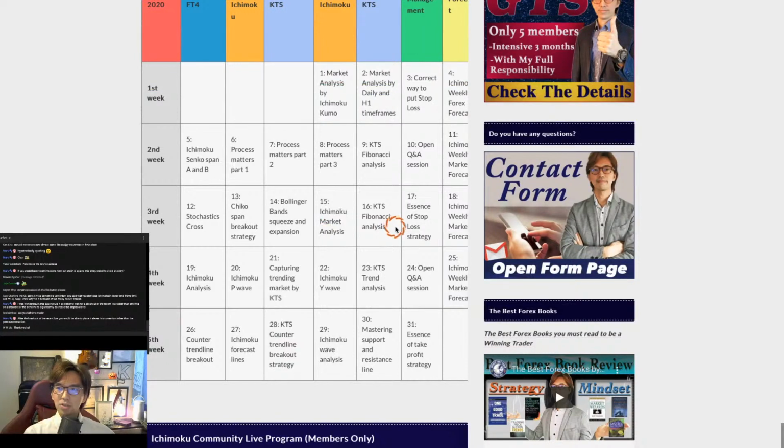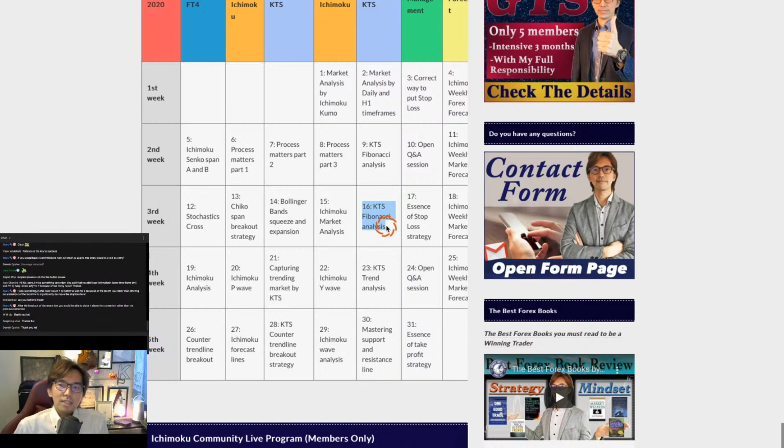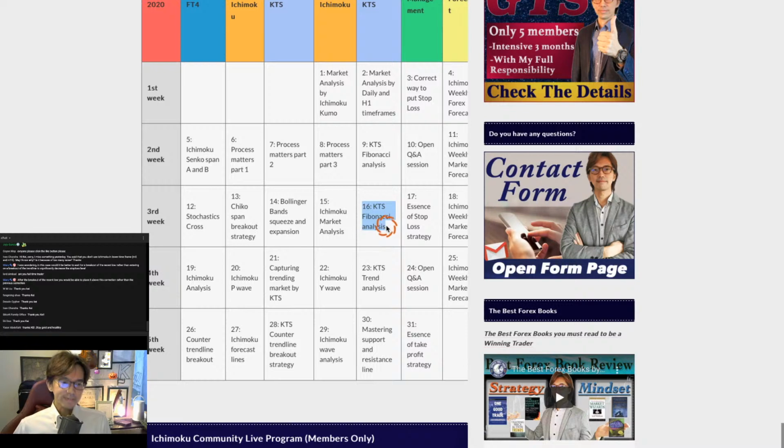Tomorrow is the 16th of October, and I will talk about Fibonacci analysis. I will focus on the Fibonacci and look at some markets in real time. So hopefully you join tomorrow's public live, or for those who are Ichimoku members, I will see you on the Ichimoku membership live soon, where we will look at some more markets in real time.